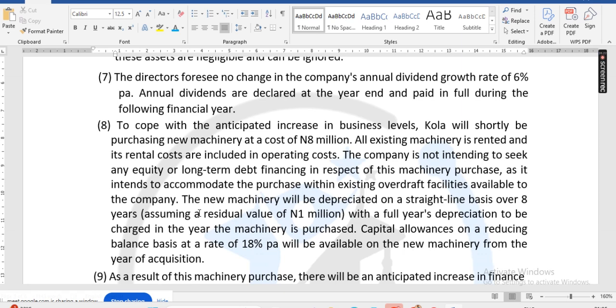To cope with the anticipated increase in business levels, Kola will shortly be purchasing new machinery at cost. Which means that Kola will purchase new machinery, they will have new machinery at cost.